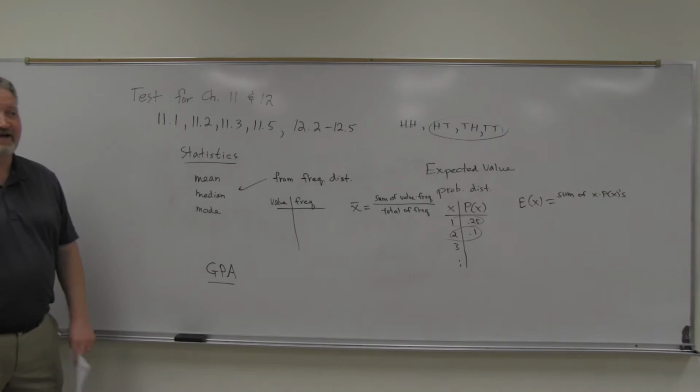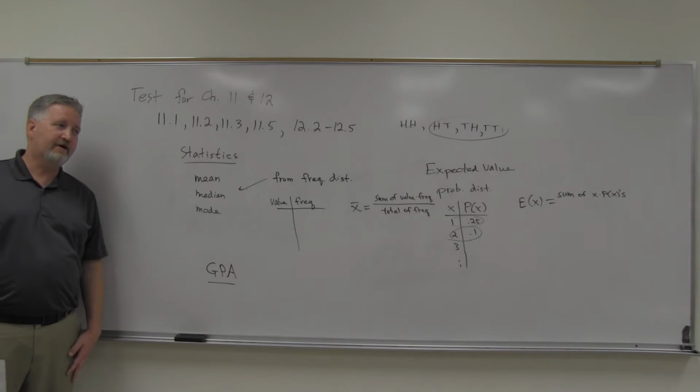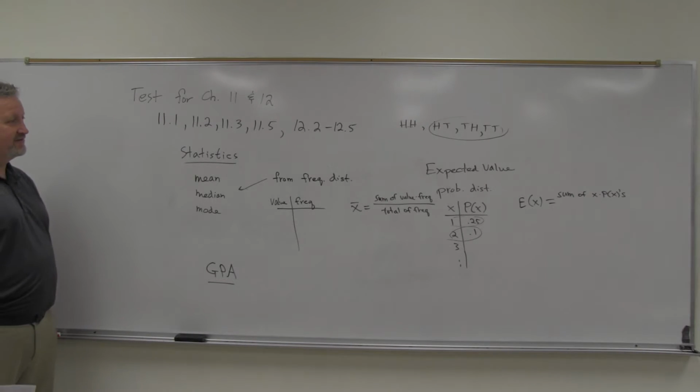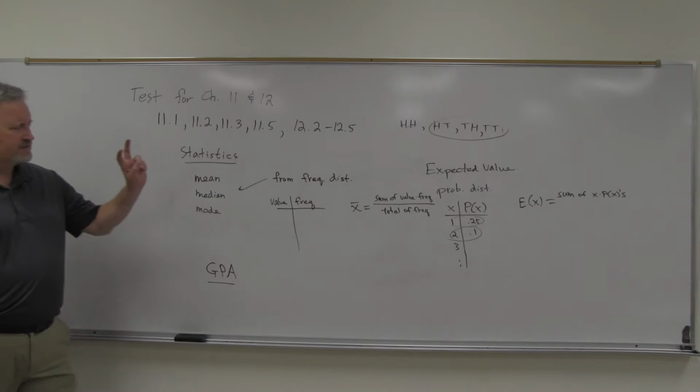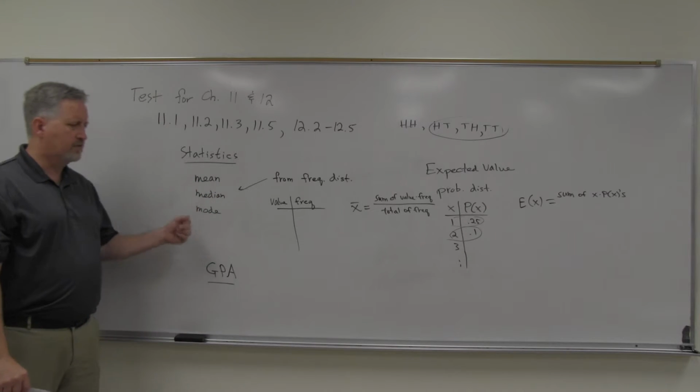grade point average. I do have a grade point average problem on this test usually, so be sure you can calculate the grade point average given classes and their grades earned. Then 12.3.